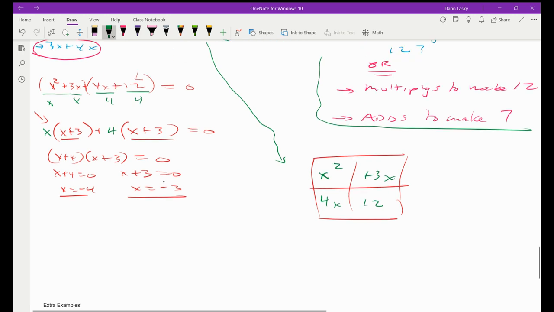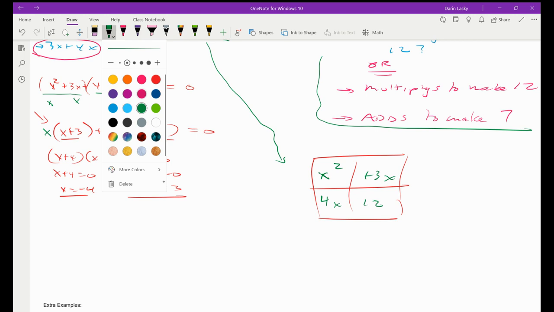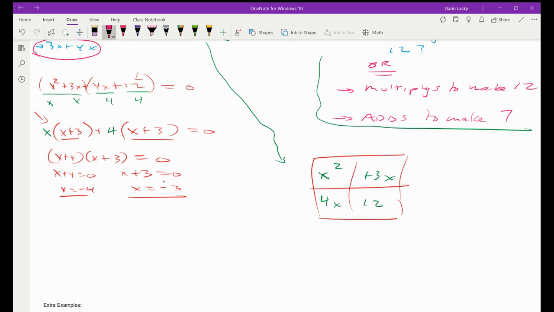So remember, I like to factor columns first. That's just my preference, doesn't matter. And so I'm going to look at my column here, and I can divide an x out of both of those. I look at my column here. This is a positive 3x. I can really erase that positive 3x. I only write negatives usually. So I can divide both of these numbers here, 3 and 12, by 3. That's the largest number I can divide into there.